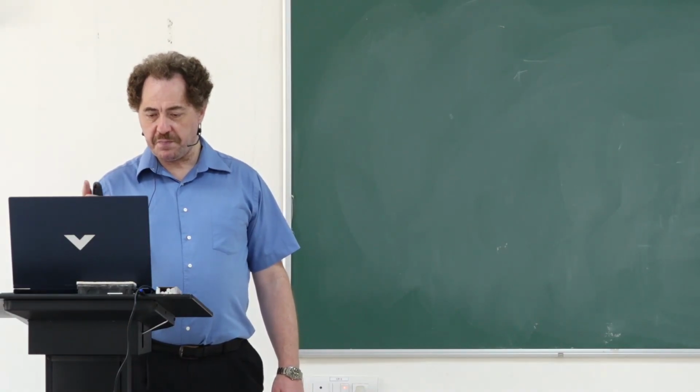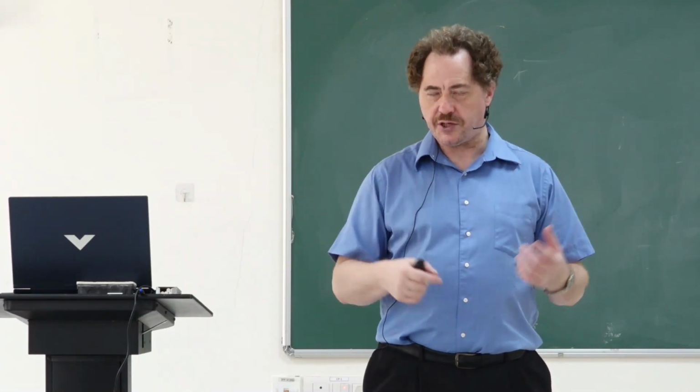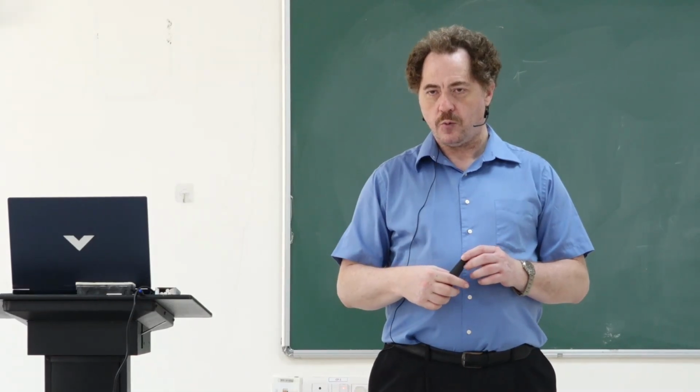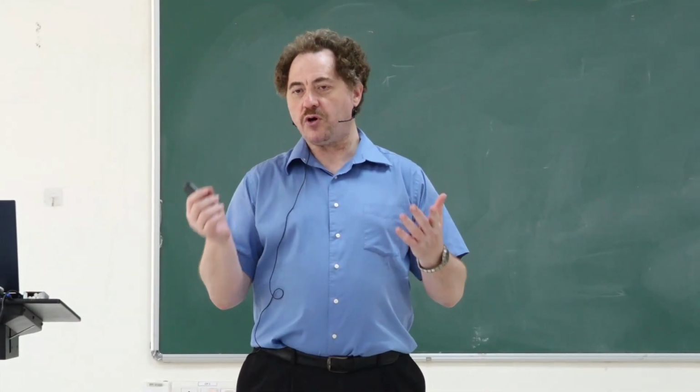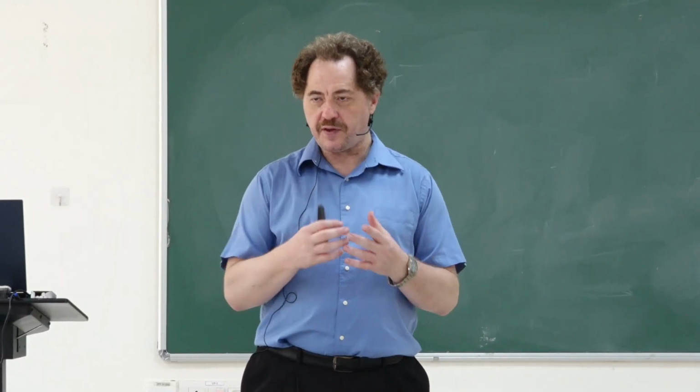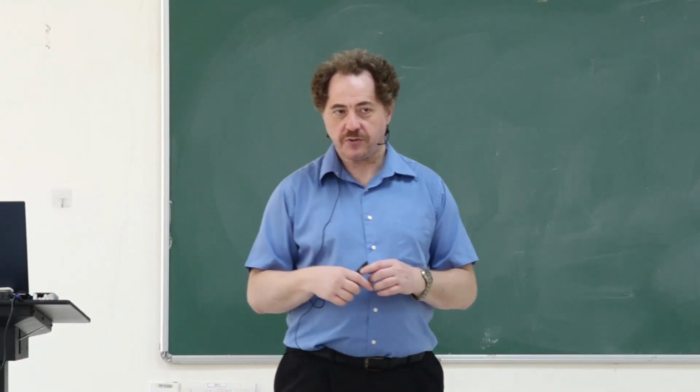And in case of misbehavior, what happens if the two parties disagree while doing transactions off-chain, on the side chain? Well, it's more difficult, of course. On Bitcoin we have no dispute. Everything is visible, right? On a side chain we can have disputes.